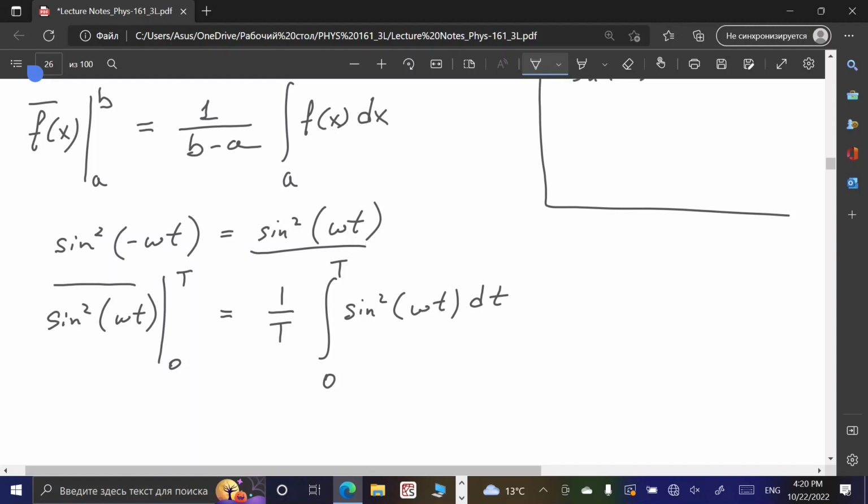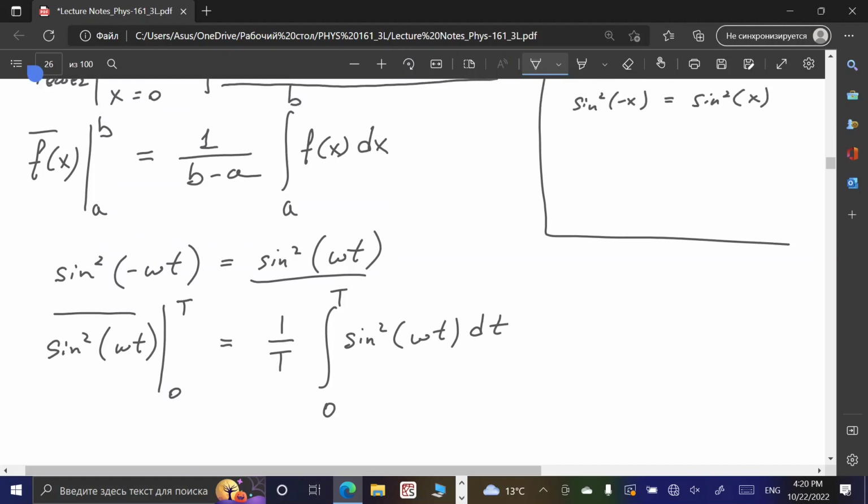In order to get this integral, we need to recall that sine squared alpha can be represented as 1 minus cosine 2 alpha, divided by 2.